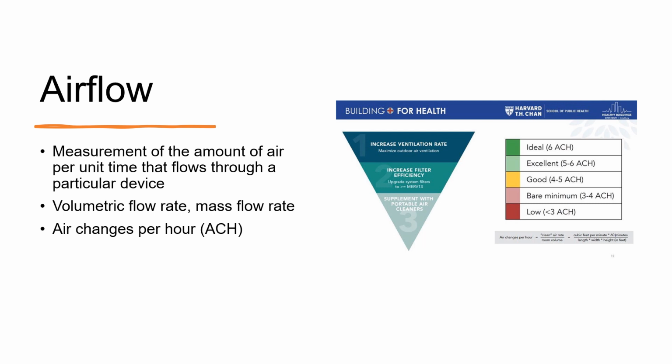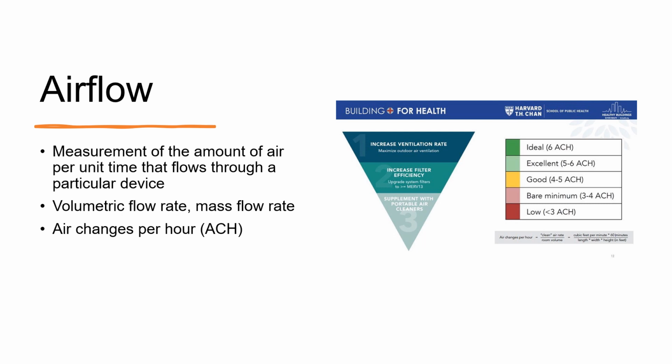You're probably aware that starting in 2020, there were a lot more conversations about how well we are ventilating our indoor spaces in order to protect people not just from occupational hazards, but from things like COVID or other viruses as well.